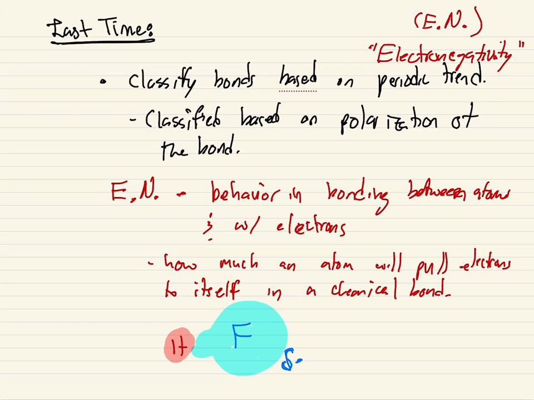It still is shared somewhat with the hydrogen. So we took a lot of the electron density, so it has slightly more, but it doesn't have a full charge, because it's only sharing the electron unevenly. It hasn't transferred the electron from the hydrogen to the fluorine completely, right? So it has a partial negative charge. Why? Because electrons carry negative charge, and this has more of the electron around it.